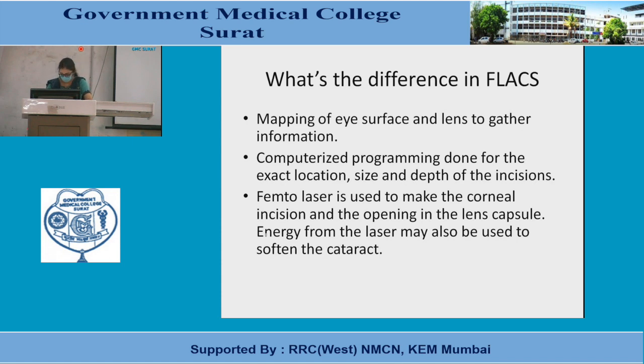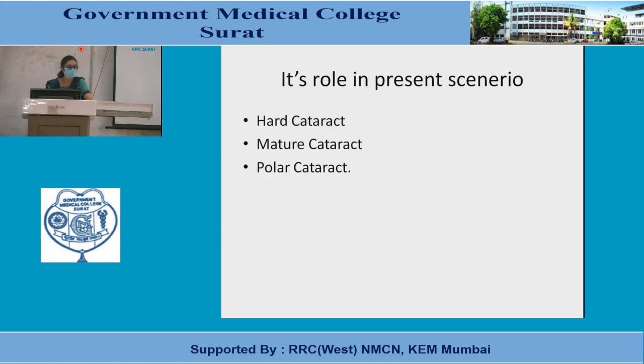So in the present condition, the situations in which you have an edge in relying on laser assisted surgery are hard cataract, wherein phacoemulsification can cause damage to the cornea when you are using too much power to deal with the hard nucleus; and mature cataract, where doing a capsulotomy is a big challenge. Or, in the case of a polar variety of cataract, while removing the pole you may have a dehiscence in the posterior capsule.